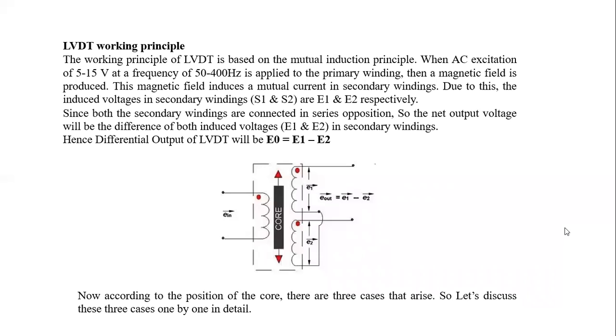The working principle of LVDT is based on the mutual induction principle, like a transformer. When an AC excitation of 5 to 15 volts at a frequency of 50 to 400 Hz is applied to the primary winding, a magnetic field is produced.